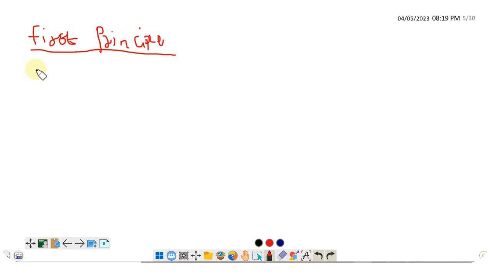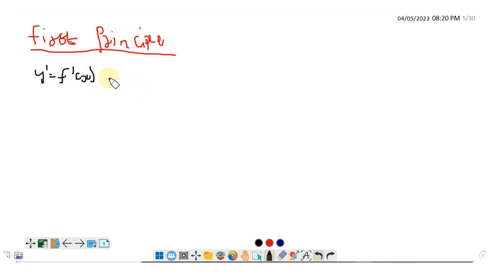So the formula says y prime, or f prime of x, the derivative of x, like that, right?